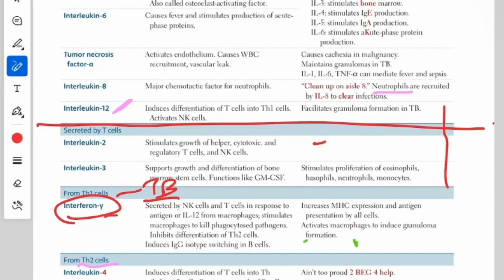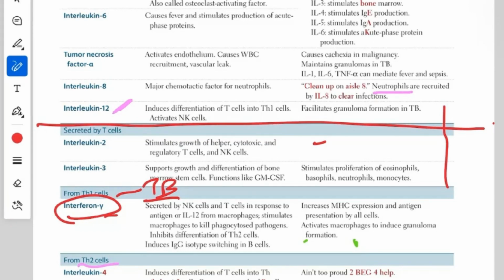Interleukin 1, 6, and TNF alpha go together, like the three musketeers: one for all, all for one. When you hear interleukin 8, neutrophils with C5a. When you hear interleukin 12, TB.